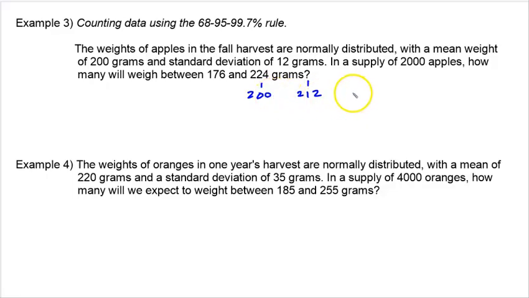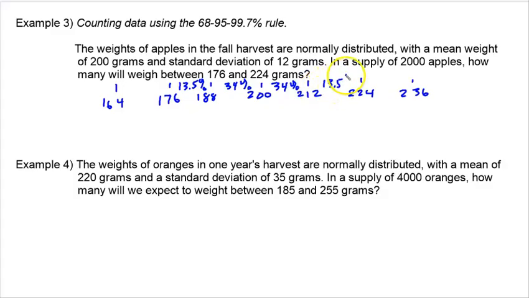As I go to the right, I'm adding 12 just to get the number line picture, and then as I go to the left, I'm subtracting 12. All right, and so this represents 34% and 34%. This is another 13.5% on either side.